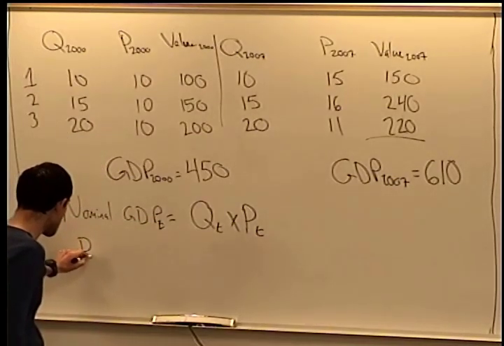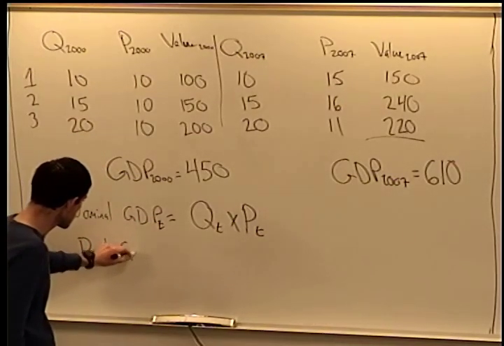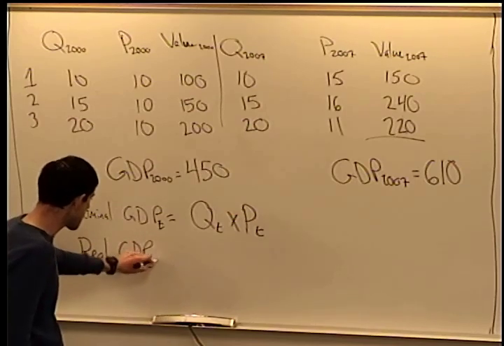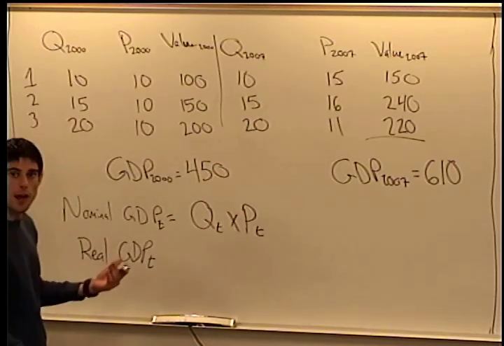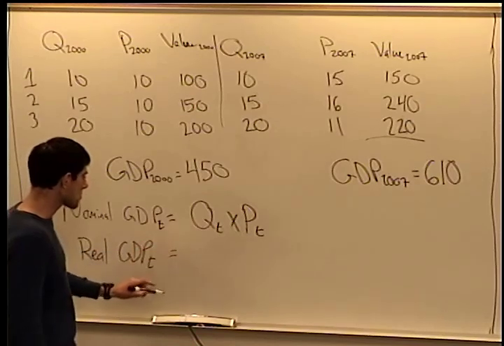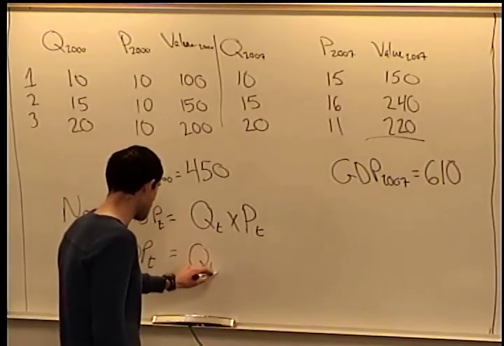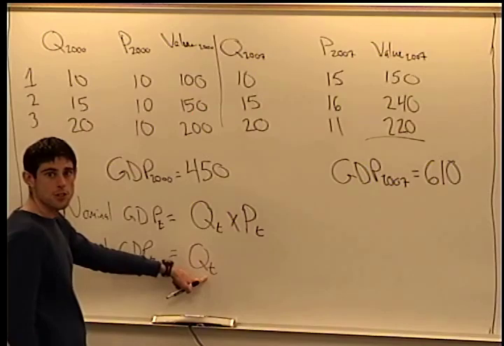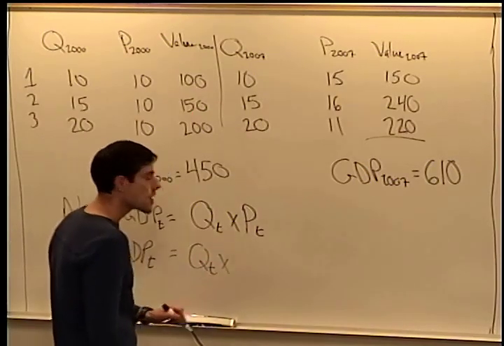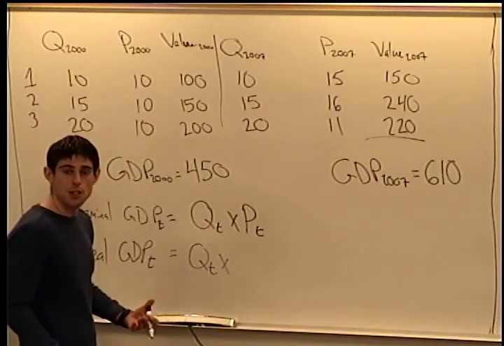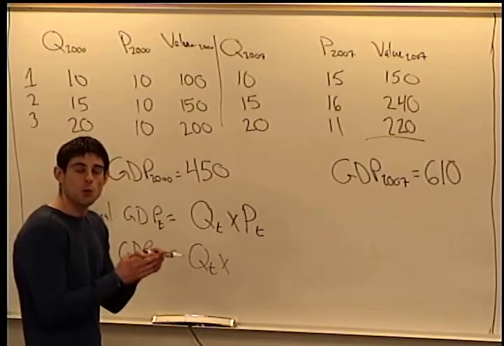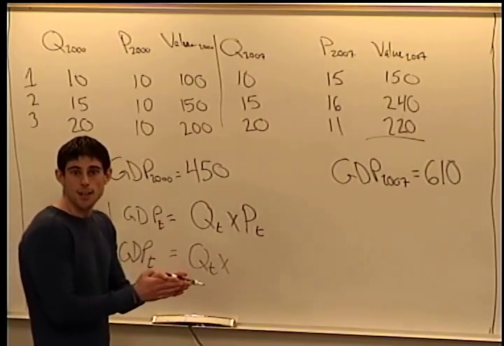So real GDP in year T, so in year 2000, is going to be equal to quantities that we produced in that year, so quantities that we produced in 2000, times prices in some base year. So we're going to pick a year and we're going to say we're going to value each good in that year only.